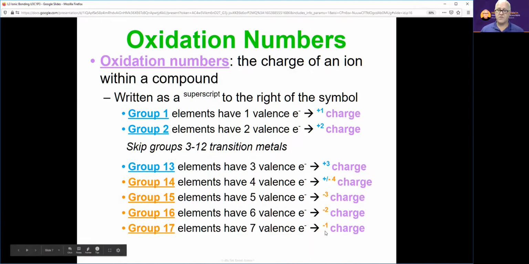And remember, group 18 already has 8 valence electrons, so they are already stable, noble gases. So it's pretty easy to see which group elements are going to be able to give away or lose an electron, and which are able to receive or gain electrons.